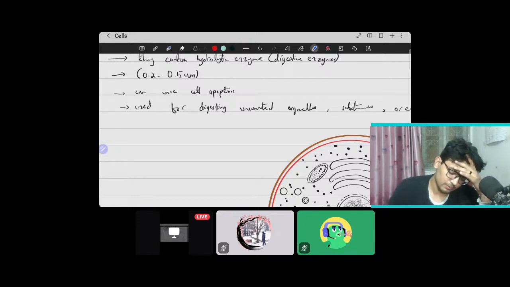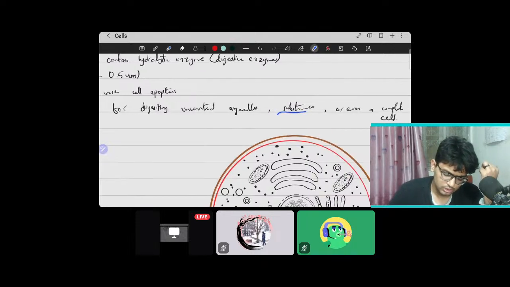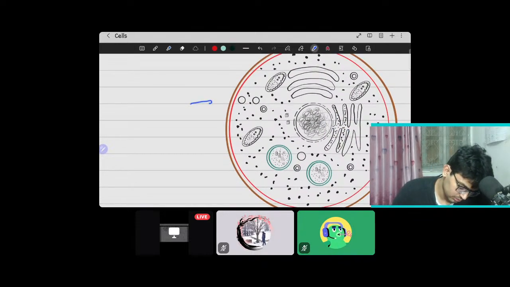Substances, for example, a substance which goes into the cell and needs to be further broken down, is handled with the help of lysosomes. And even complete cells, for example, a virus can... So this is a virus here, for example.